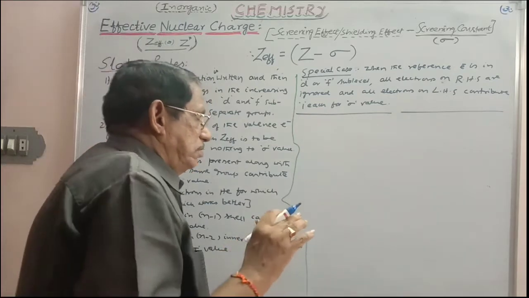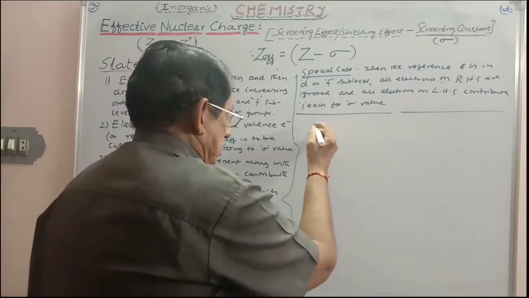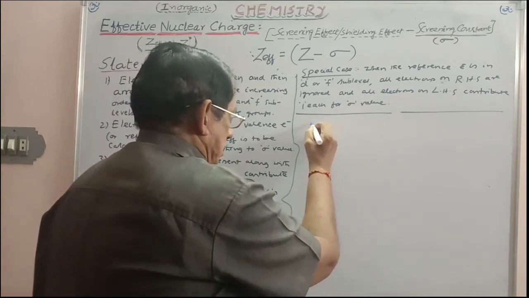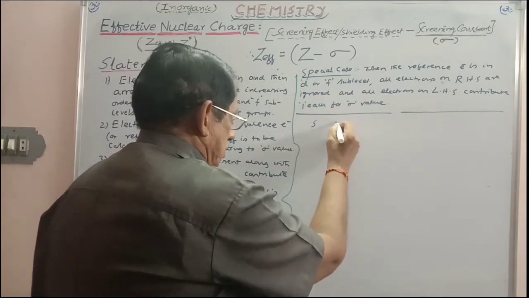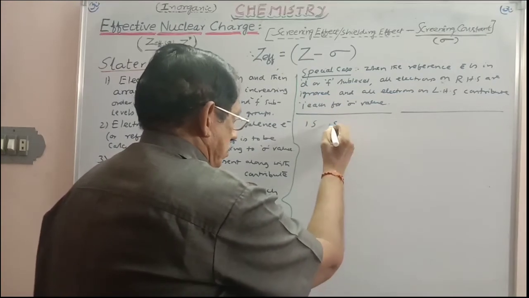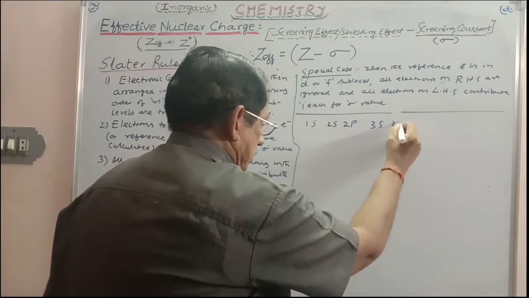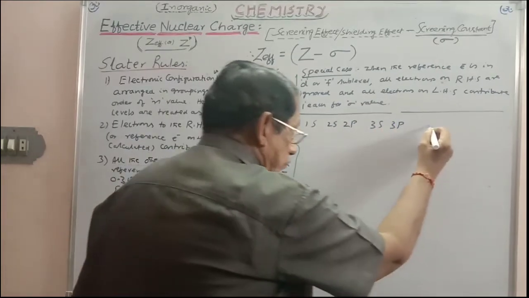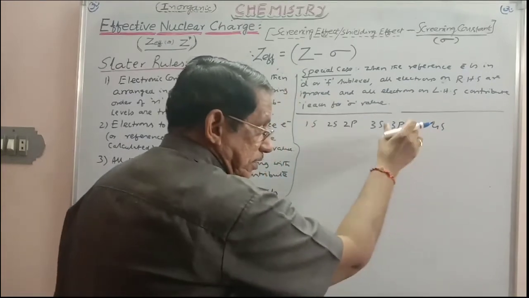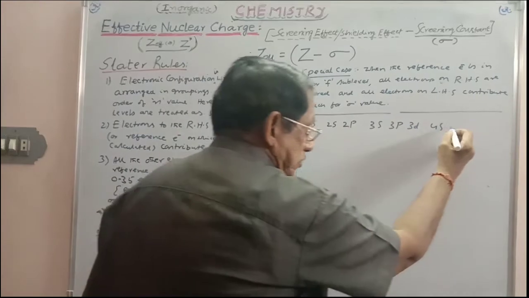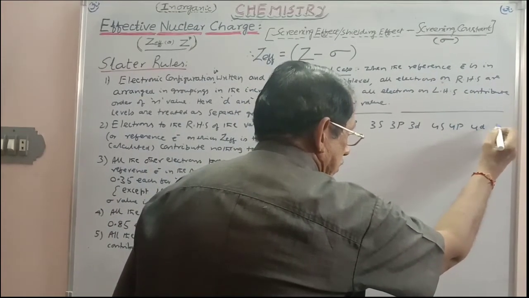For example, you can take 1s, 2s, 2p, 3s, 3p, 3d, 4s, 4p, 4d, 5s.